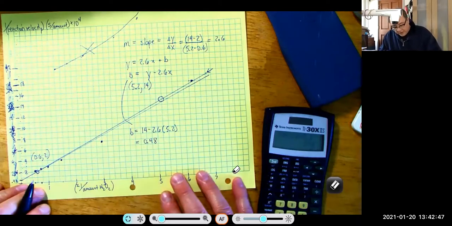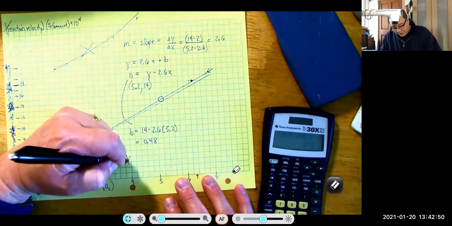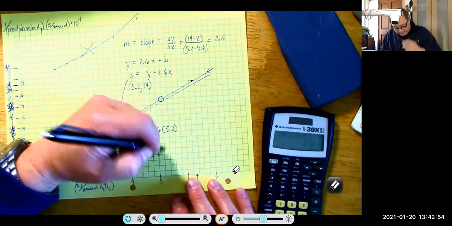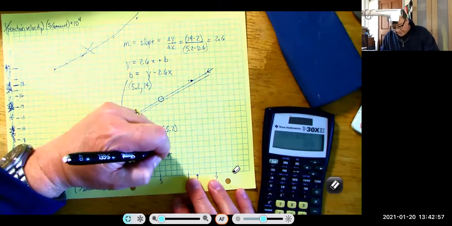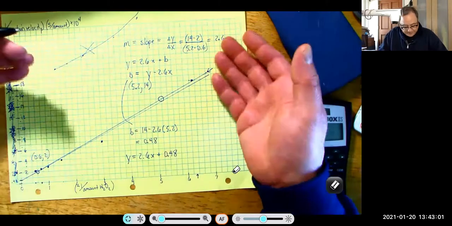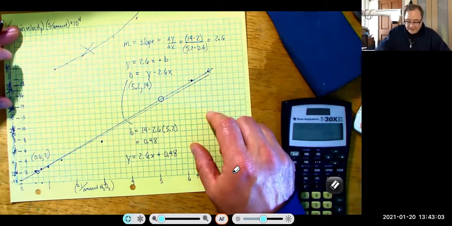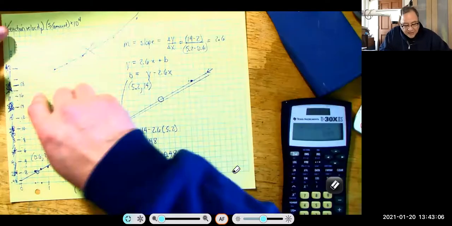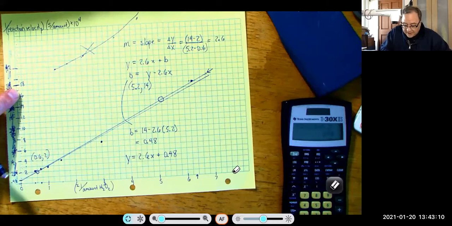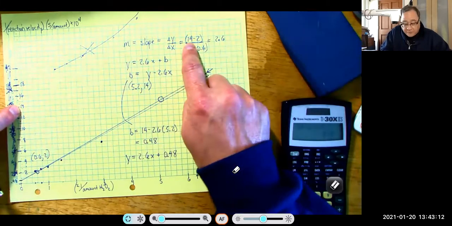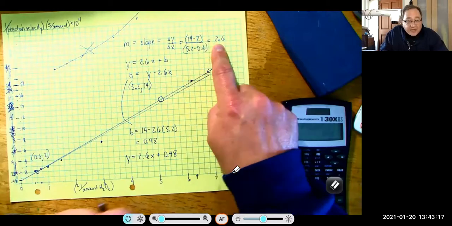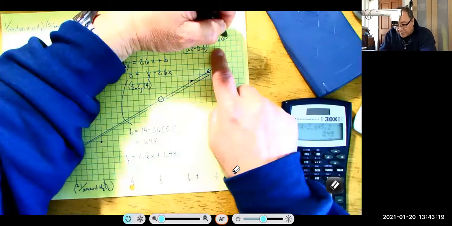Okay, so now I have y is 2.6x plus 0.48. Now, the reality is if we take a look at these numbers, all of these y values are times 10 to the 4, correct? So this 14 is really times 10 to the 4. This 2 is times 10 to the 4. So what does it do to this value? It makes it times 10 to the 4.